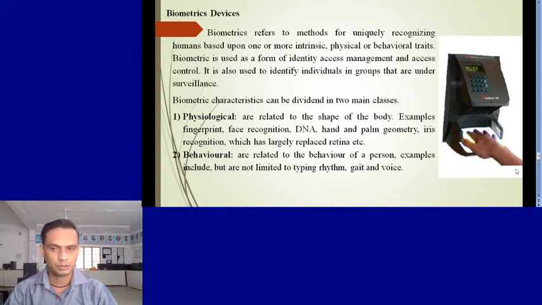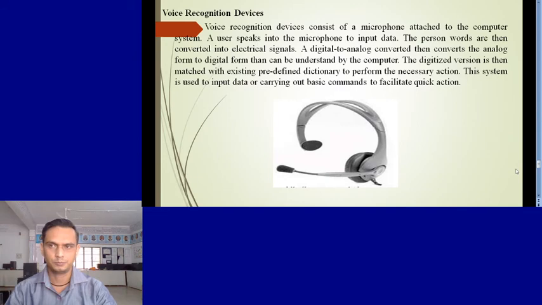Second one, behavioral, are related to the behavior of a person. Examples include but are not limited to typing rhythm, gait, voice, etc., which can be used as behavioral biometrics. So by using physiological or behavioral traits, we use the biometric devices.